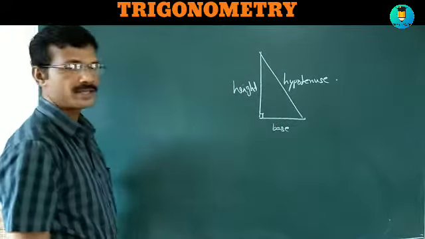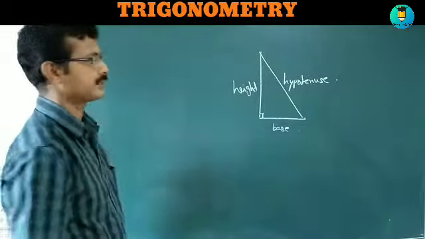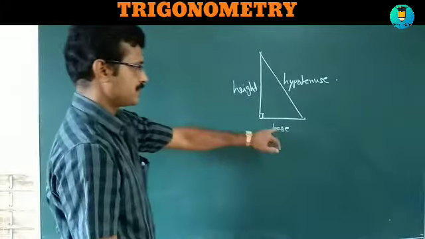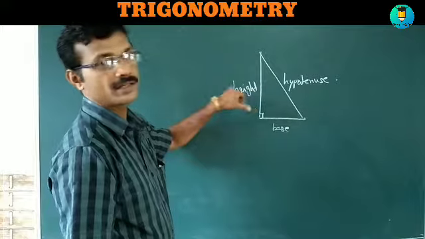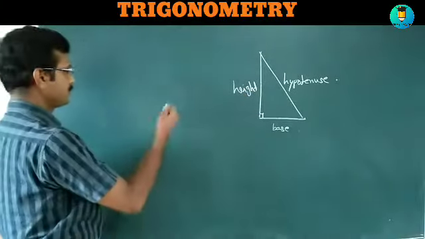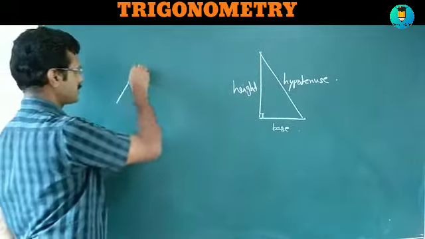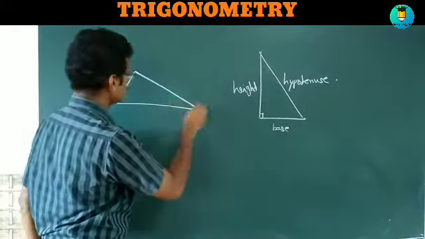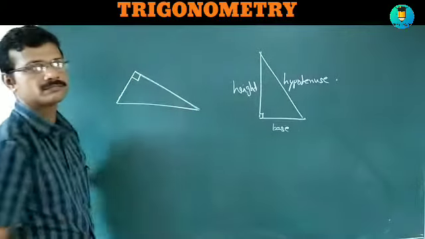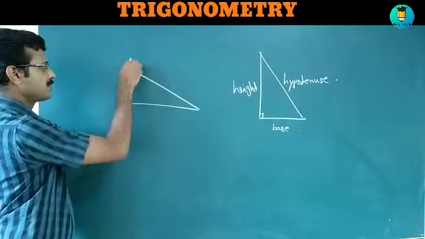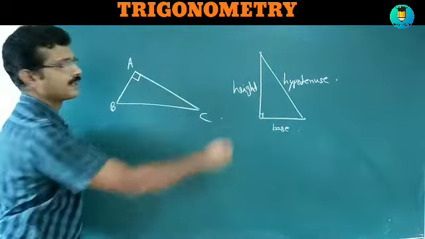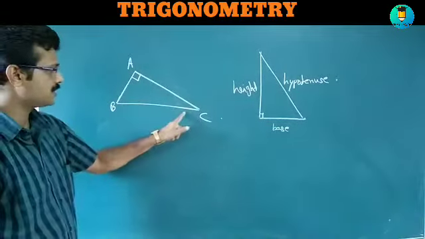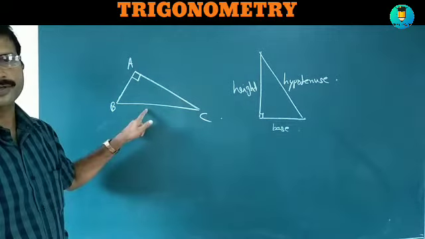But when it comes to trigonometry, it is not necessary to always go for base and height. See, if a right angle triangle is given like this, I am naming it ABC. Here there is no doubt: BC, opposite to 90 degree, will be the hypotenuse.